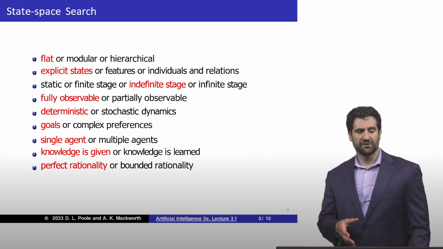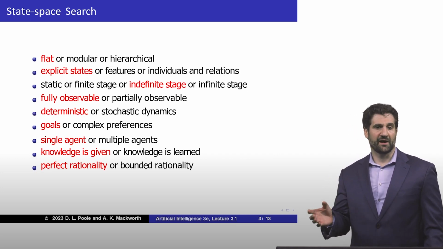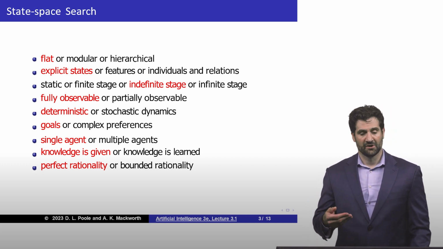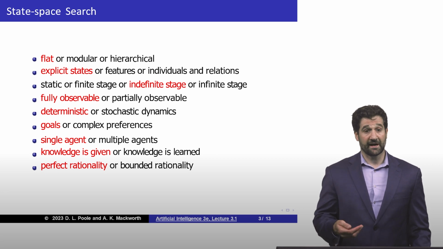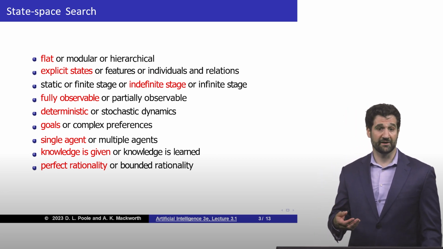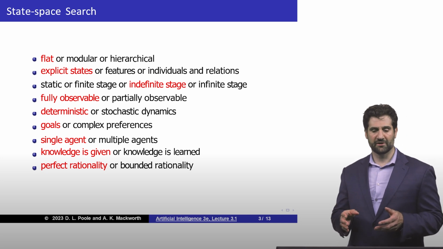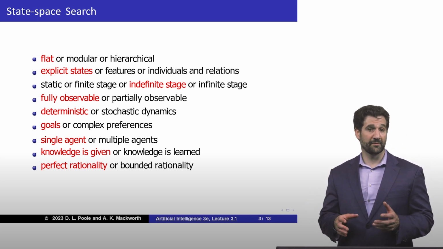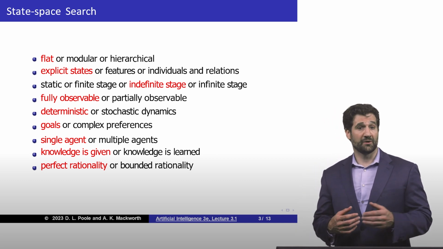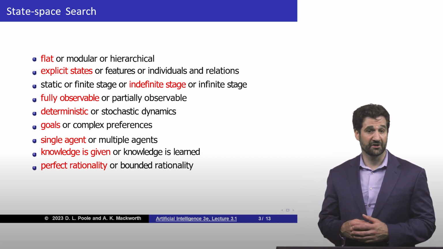All right, so going back to the notion of having criteria for an agent and its environment, we can look at how the standard search problems we're going to describe today meet those criteria. Here we're basically going to have a flat environment where the states are explicitly defined, so we're not really pushing for a notion of uncertainty here.